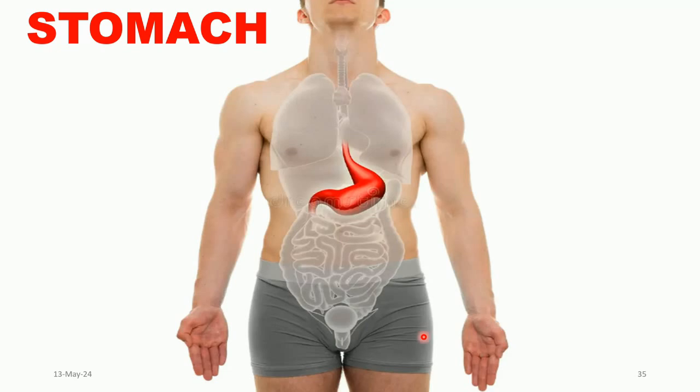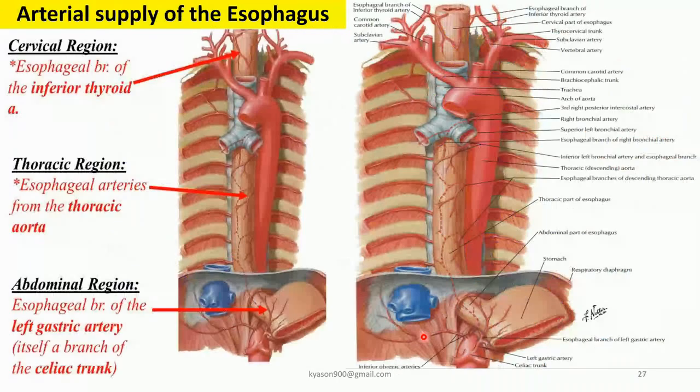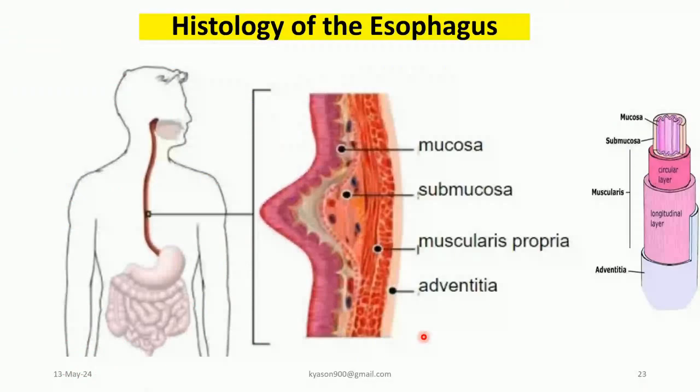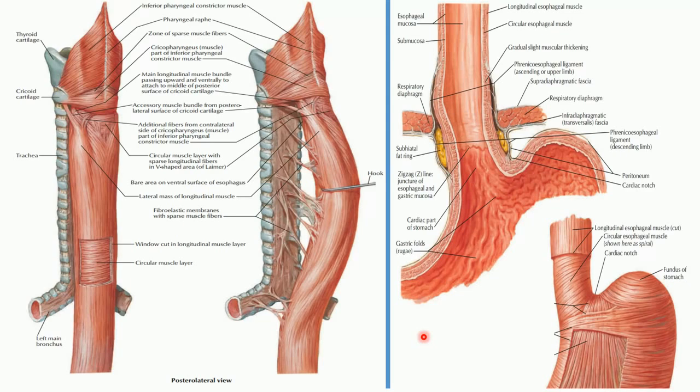Zenker's diverticulum strictly occurs only in the pharynx, because as you've seen along the path of the esophagus, there are no weak spots. These muscles are continuous all through.